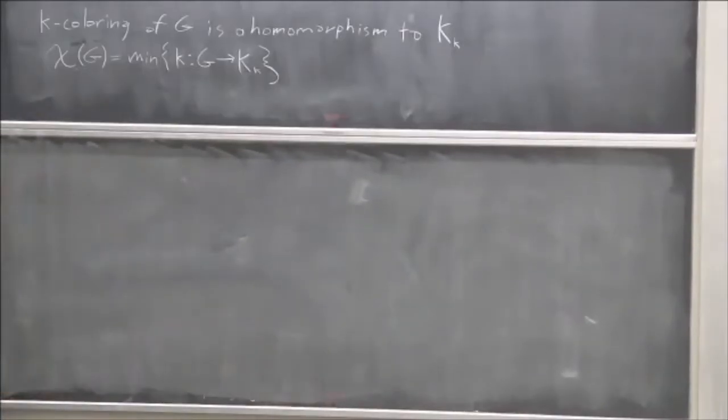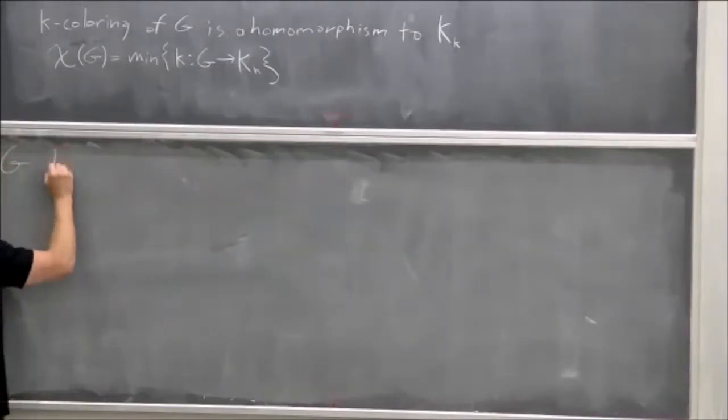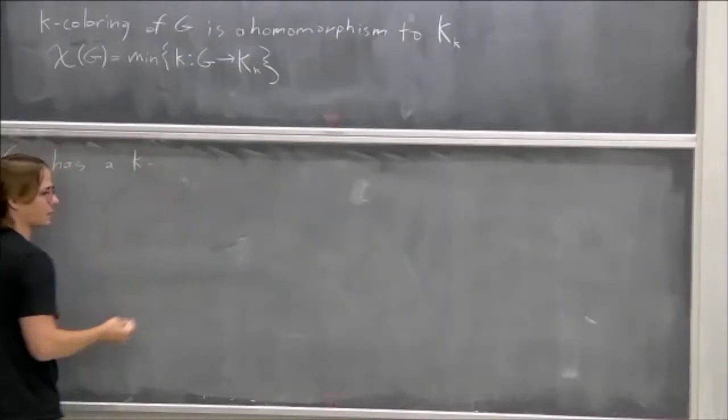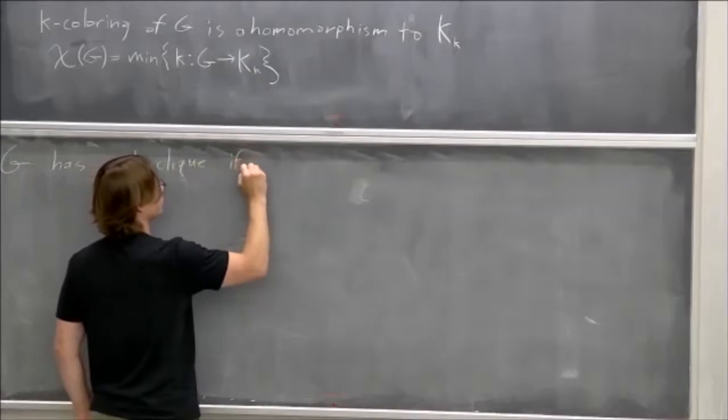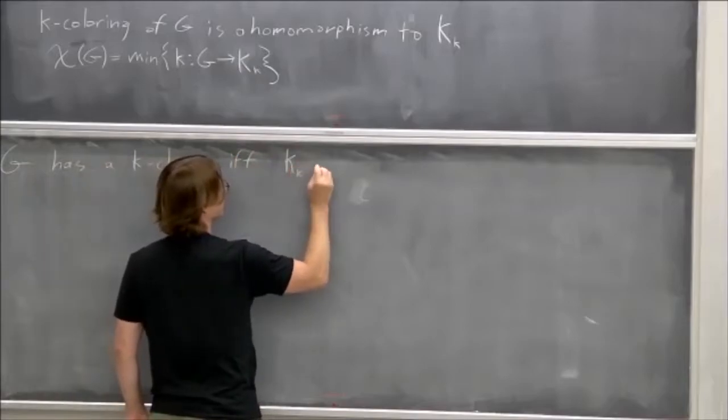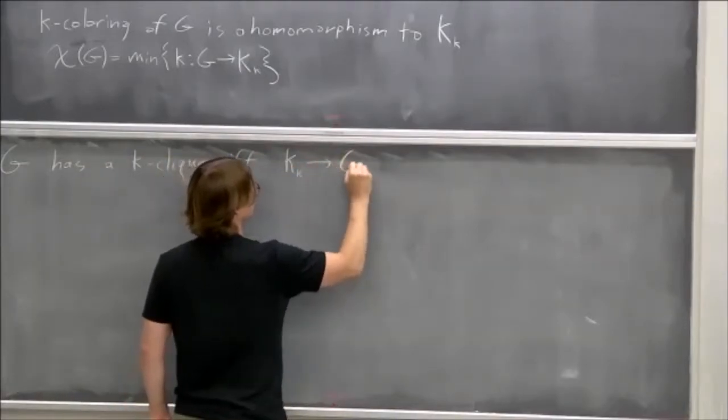All right, and then another example are cliques, a complete subgraph. A graph G has a k-clique means it has a subset of k vertices which are all pairwise adjacent. And that's if and only if the complete graph on k vertices has a homomorphism to your graph.